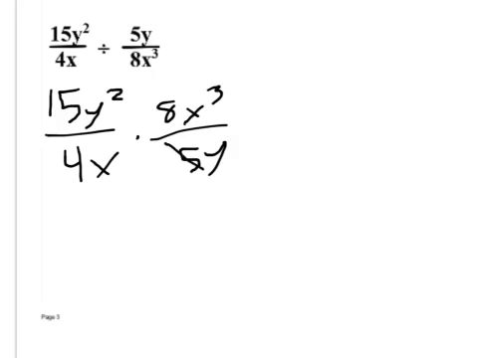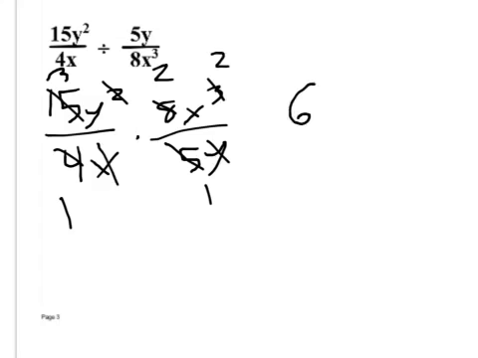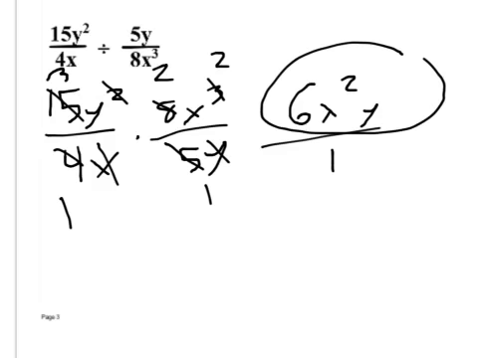So 5s cancel. 4s would cancel. Y would cancel out there, and x would cancel there. Leave a 2. So we have 6x squared y over 1. So this is my answer, 6x squared y.